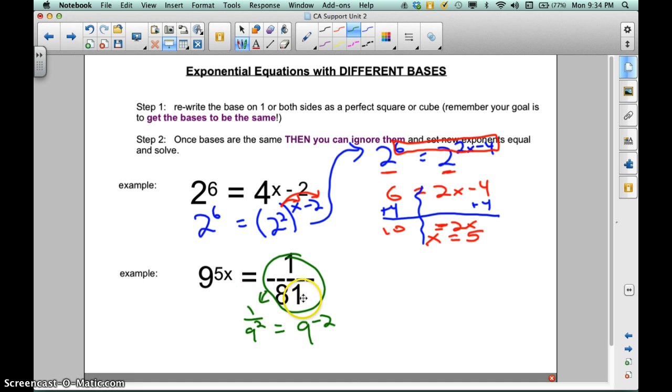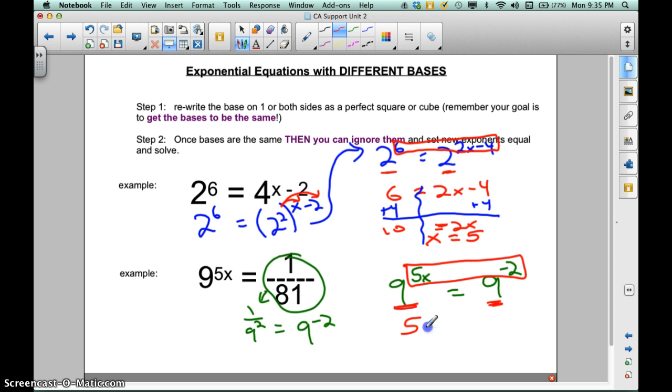Okay, so wait a minute. I've just rewritten the whole right side of this equation. So the left side is still 9 to the power of 5x. But the right side I rewrote is 9 to the power of negative 2. Look at our bases. Once you verify the bases are the same, what do you do? Take your exponents, make them equal to each other.